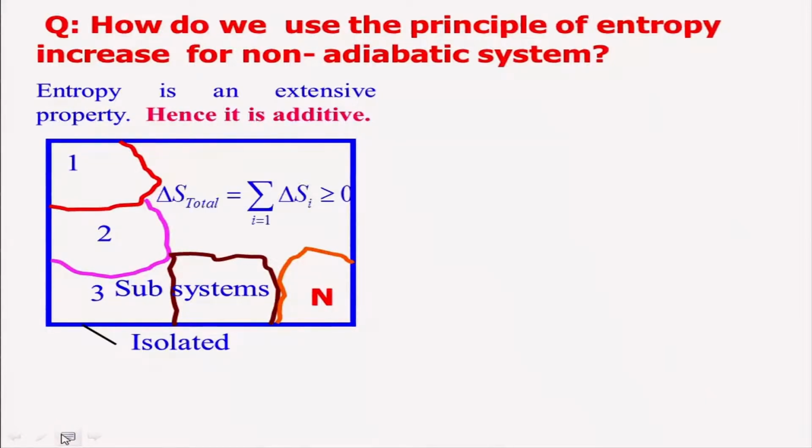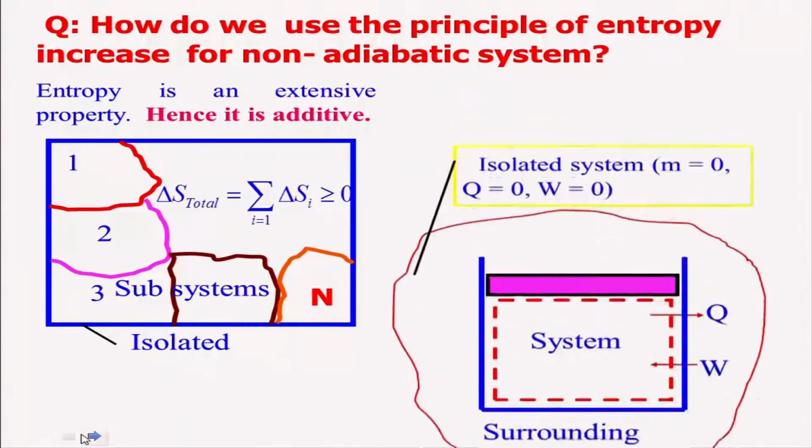So if I take an isolated system, that means there is no energy interaction, and it may have subsystems, like subsystem 1, 2 or 3, up to n subsystems, then the total entropy change, the summation of the entropy change for each subsystem, will be greater than or equal to 0.